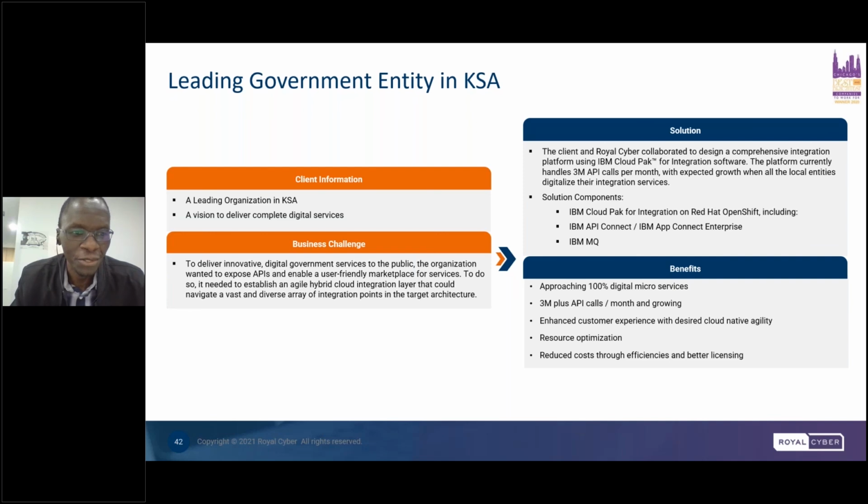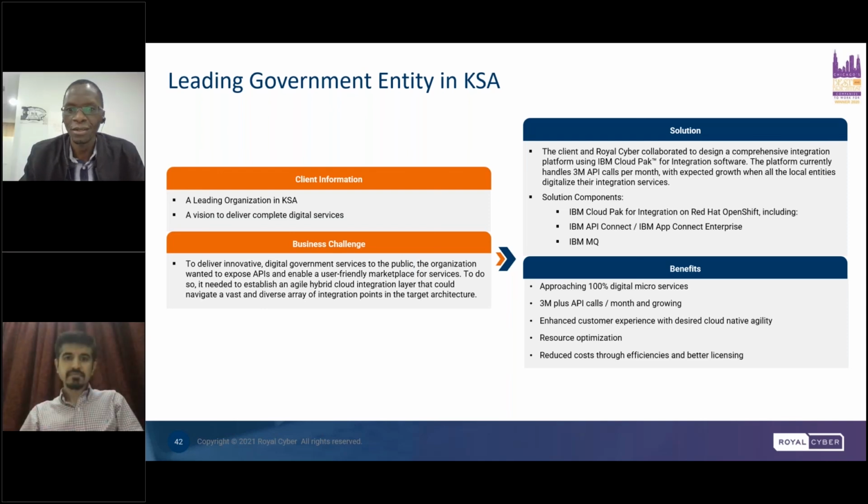They were looking to digitalize some of the government services and expose them as APIs. With Cloud Pak for Integration running on top of OpenShift, we have API Connect running and App Connect, and we also have IBM MQ.